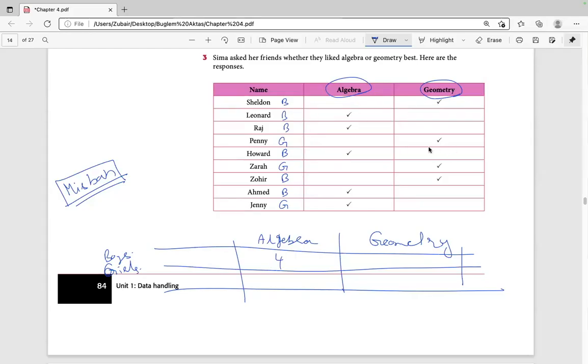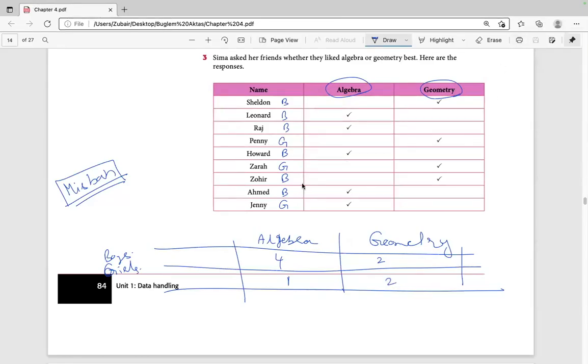That's 1, that's 2. How many girls like algebra? Only Jenny. And geometry? Penny, Zara, 2.